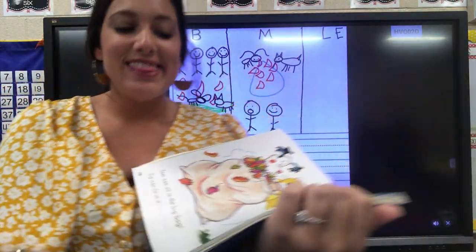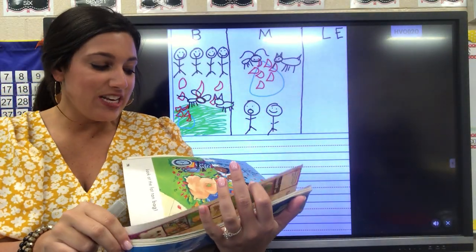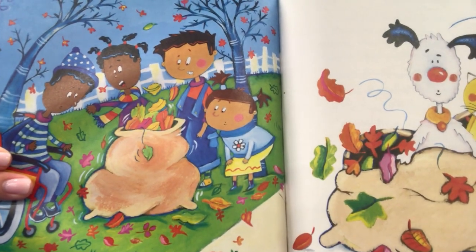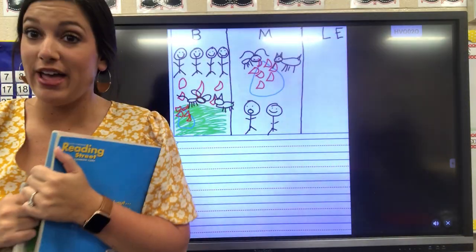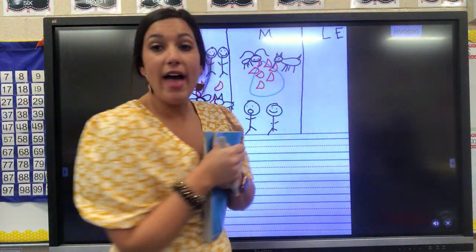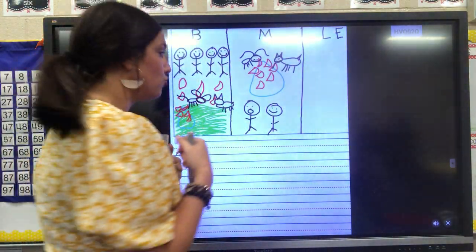Okay, and then we move to the end of the story where they realize the bag of leaves has gotten really big, and guess who? Yes, Tip and Tam were found in the bag. So I'm going to draw that for the end of my story.